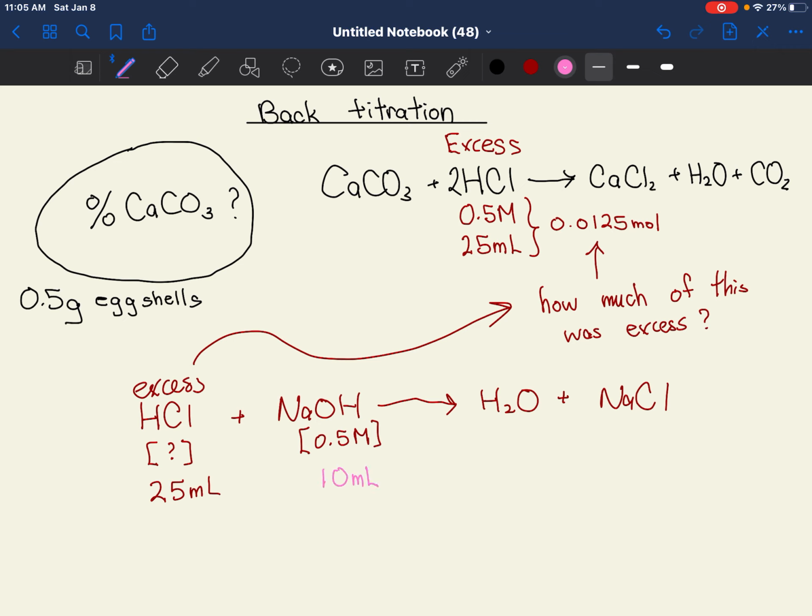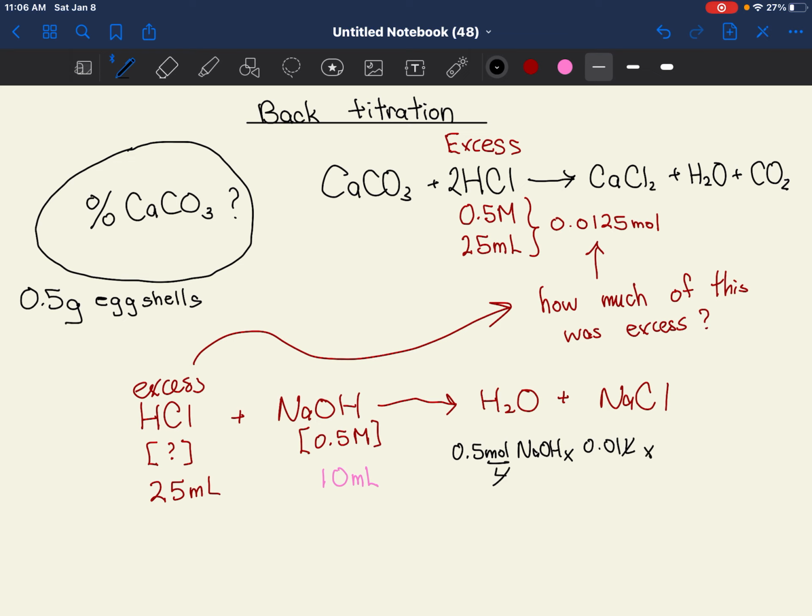Let's say. All right, that's good to know, because now I have enough information to find out the concentration of hydrochloric acid that I use. And this concentration is obviously the excess of what's left from here. So let's do the stoichiometry. 0.5 moles per liter of NaOH times 0.01 liter.